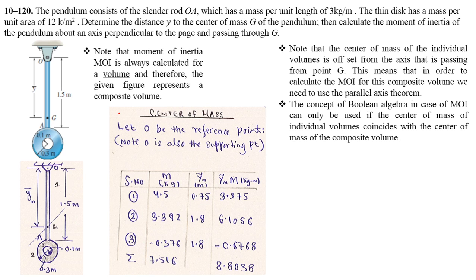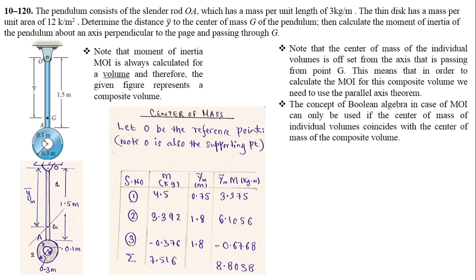So as chapter 9 suggests, we have to make a table now in order to calculate the center of mass. The center of mass measured from O, this y dash, will be divided between these three sub volumes, that is the rod, the outer disk, and the inner disk.